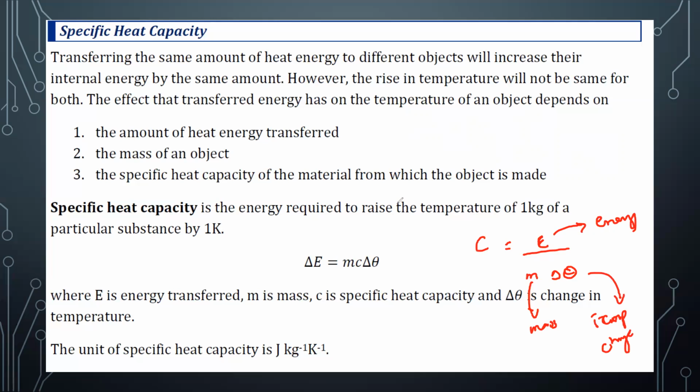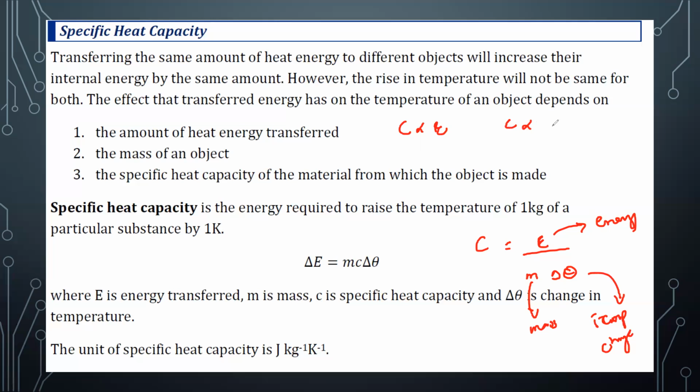So this formula shows that specific heat capacity is proportional to the energy supplied. If we supply more energy, normally specific heat for every material is constant, but if the material requires a greater amount of energy to change the temperature by 1 degree, it means it has a higher specific heat capacity.